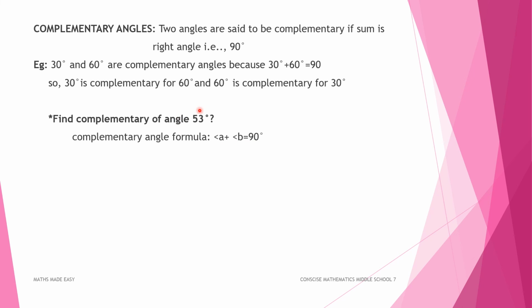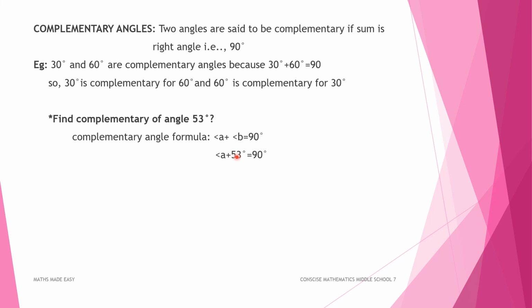Here they have given us one angle in the question. We don't know the other angle. Just place one angle as A, and place the second angle which they have given, 53 degrees, so A plus 53 degrees is equal to 90 degrees. Now we need to find this A, right? So keep this as it is and change the position of 53.